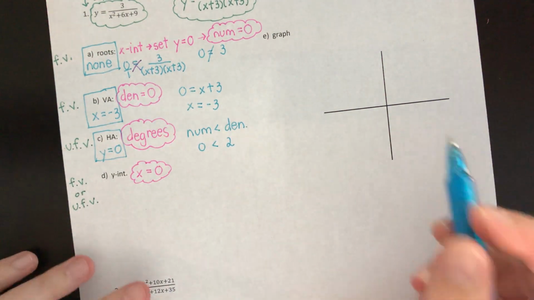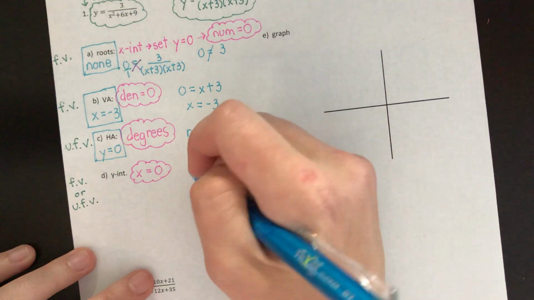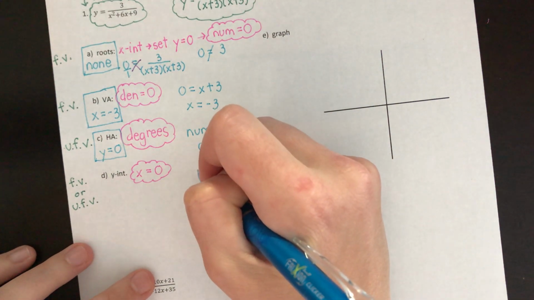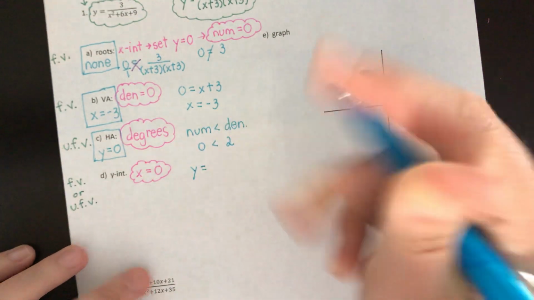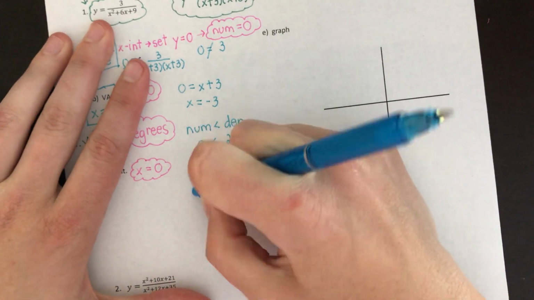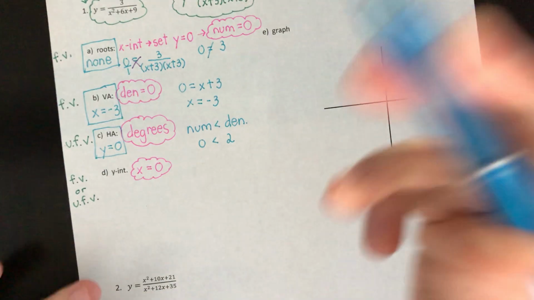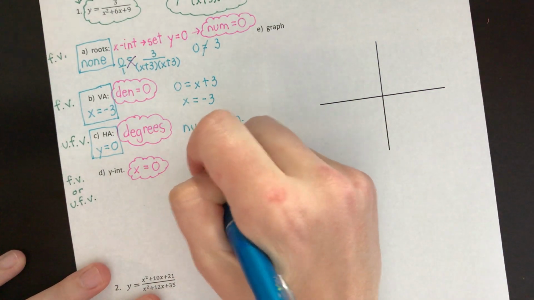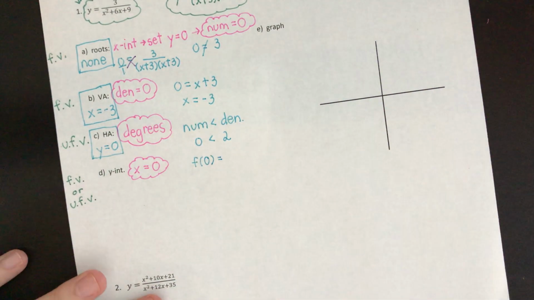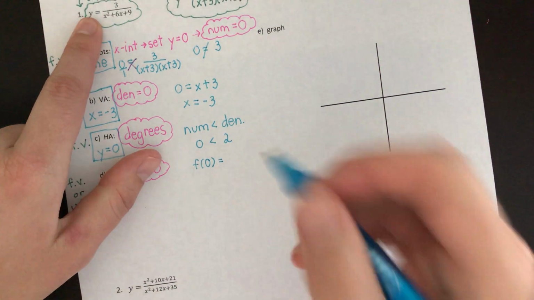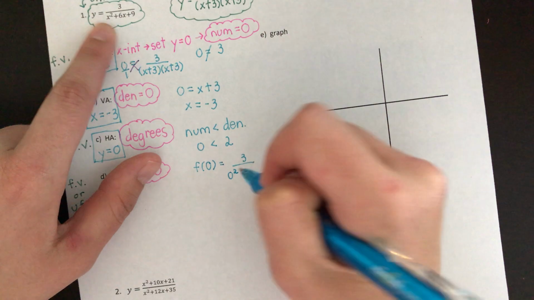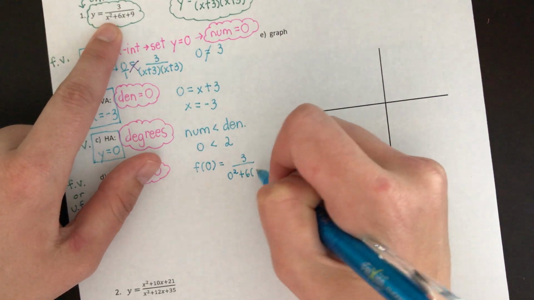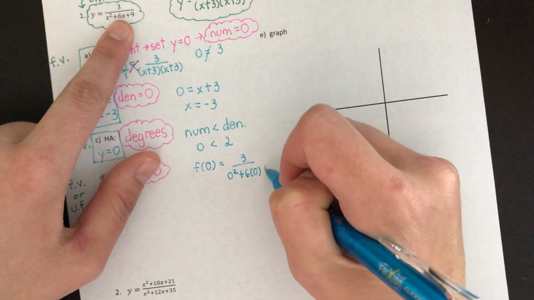It's kind of to each his own. I kind of flip back and forth, to be honest. So you know what, I'm going to do the unfactored version. Better yet, let's use some proper notation here. I'm really computing f of 0, aren't I? I'm plugging in 0 where I see x. So f of 0 equals 3 over 0 squared plus 6 times 0 plus 9.